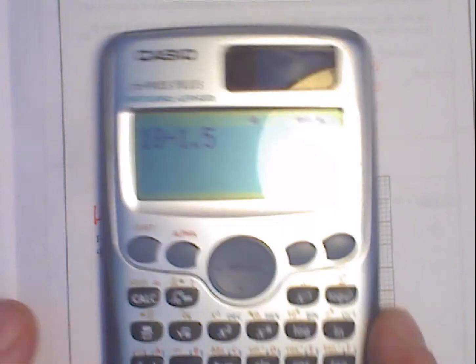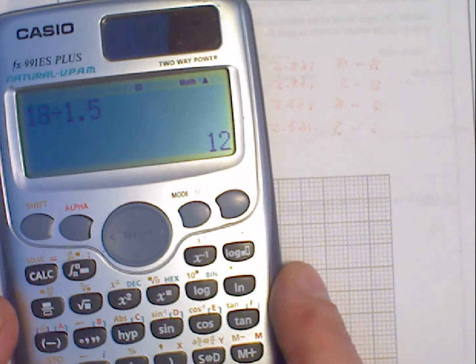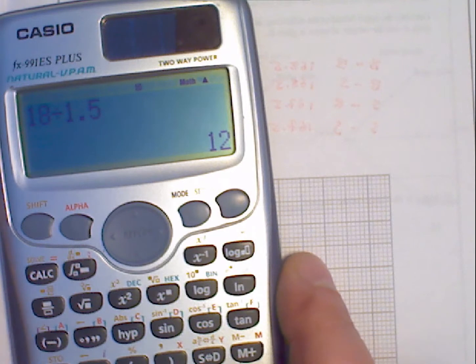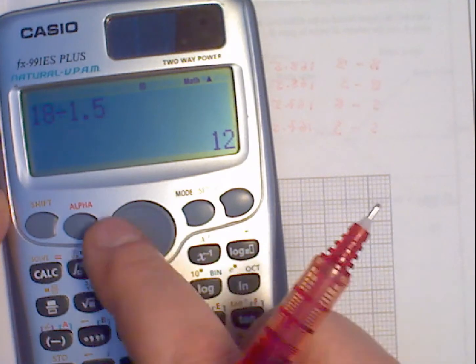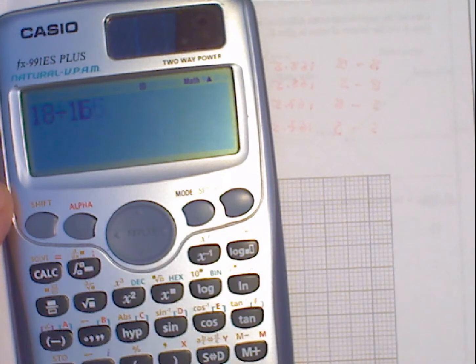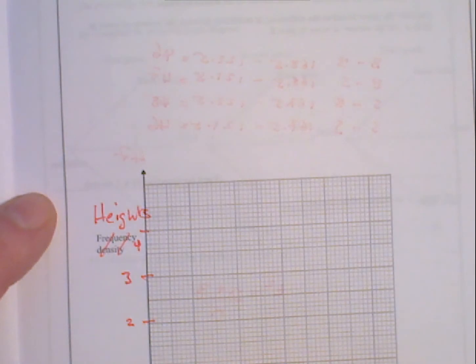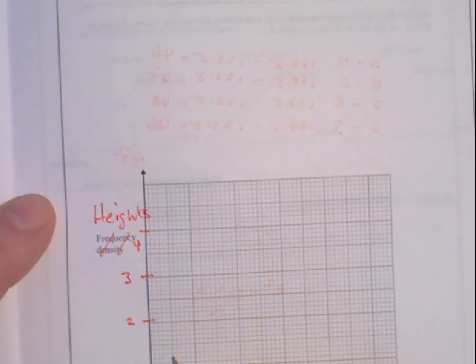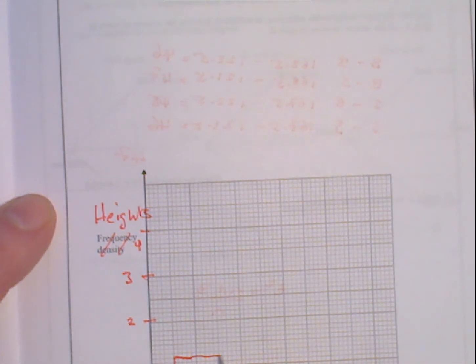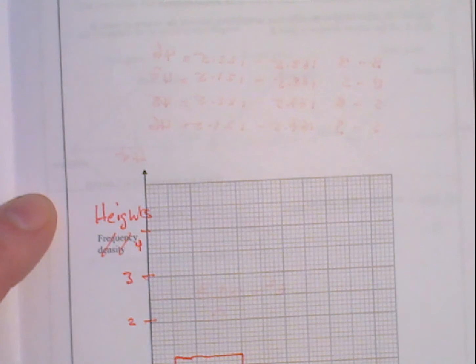Hang on, it's not 1.5, it's 15. So that's 1.2. That's better. So this would have to be 1.2. You should use a ruler, but for the sake of time, I'm going to go like this. So there's my height there of 1.2.